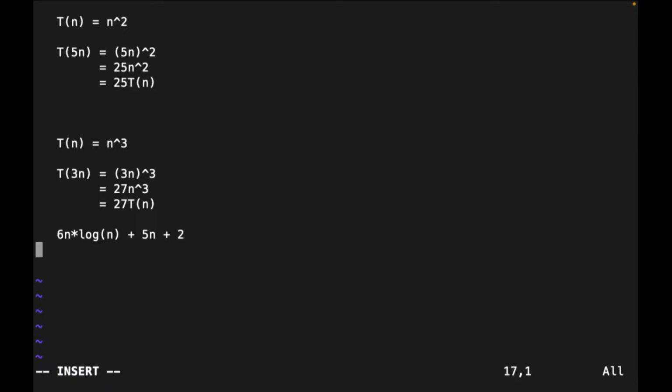The lower order terms in this expression are 5n and 2, so we get rid of those, and we get left with 6n log n. We get rid of the constant factor, so we end up with n log n, and the time complexity is big O of n log n.